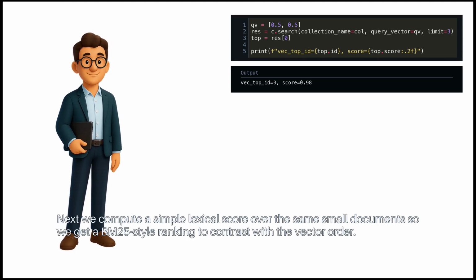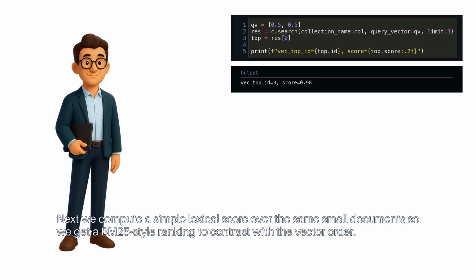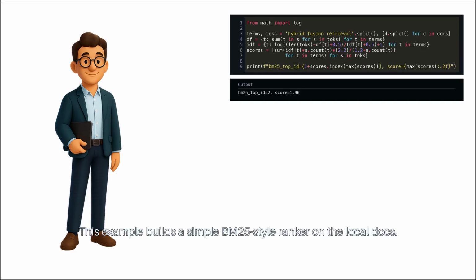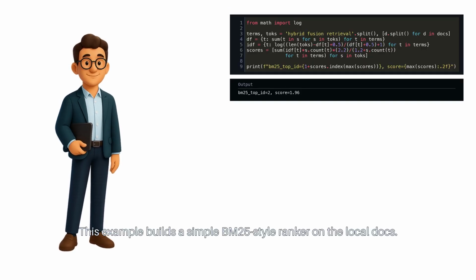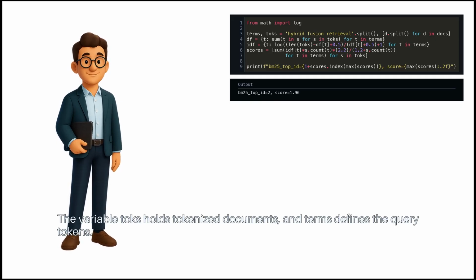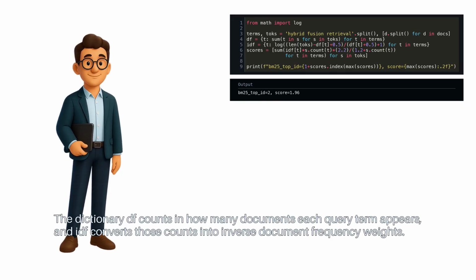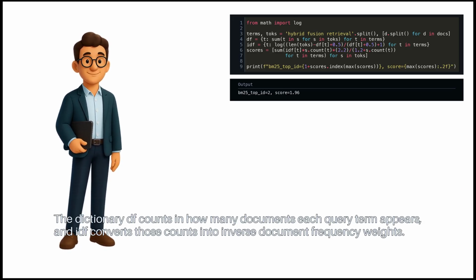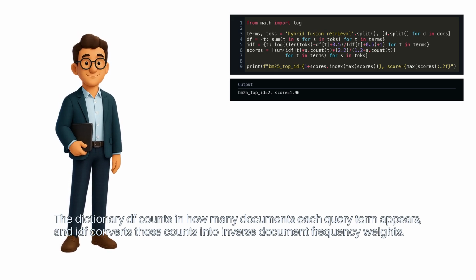Next, we compute a simple lexical score over the same small documents, so we get a BM25 style ranking to contrast with the vector order. This example builds a simple BM25 style ranker on the local docs. The variable toks holds tokenized documents, and terms defines the query tokens. The dictionary df counts in how many documents each query term appears, and idf converts those counts into inverse document frequency weights.